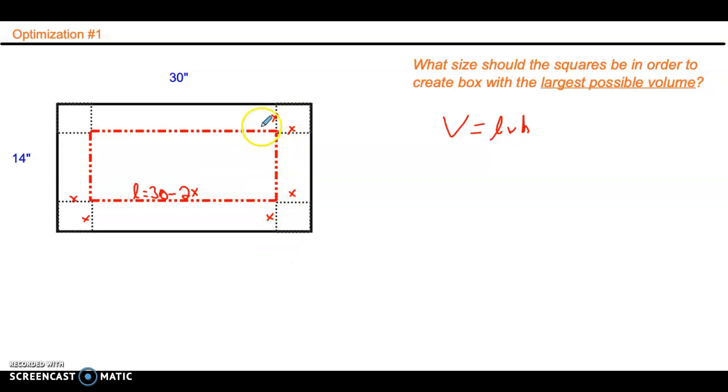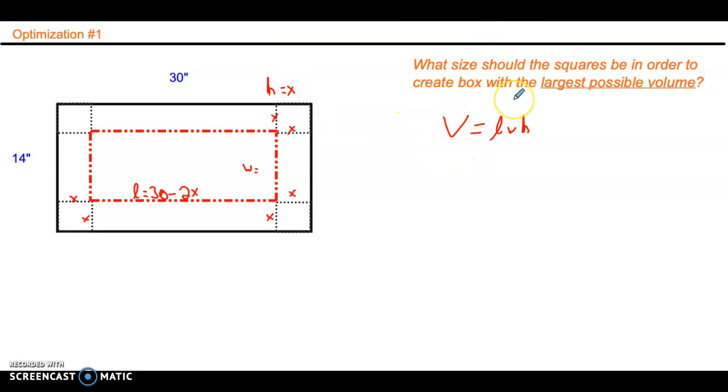Same idea here. Going from top to bottom, this was 14, but we took out that x, and we took out this x. So we'll call this the width. It was 14, we took out 1 x, took out another x. When we fold along these red dashed lines, this x became the height.